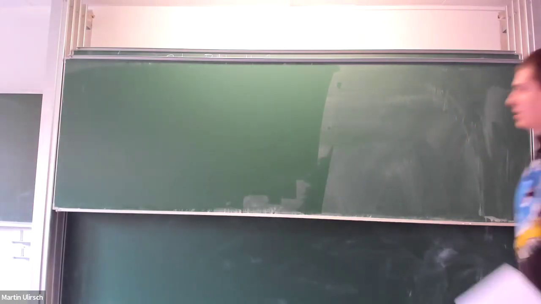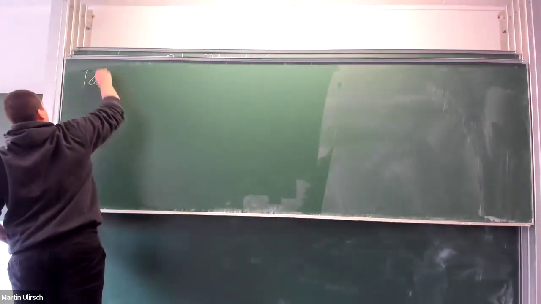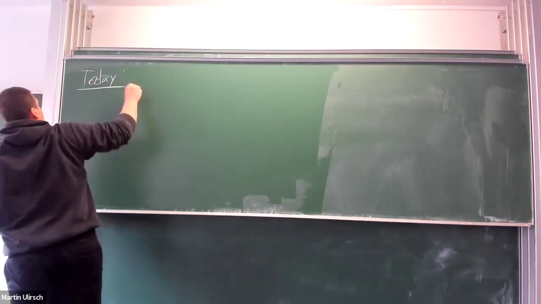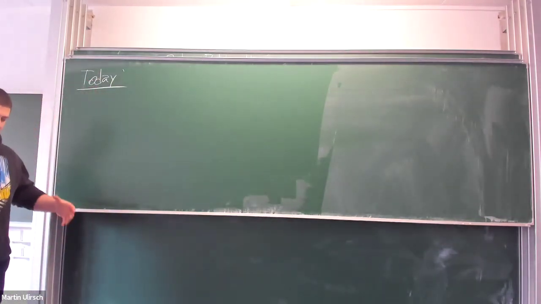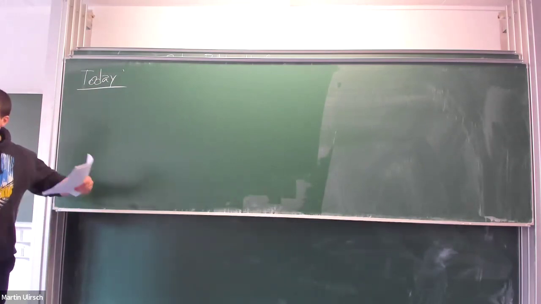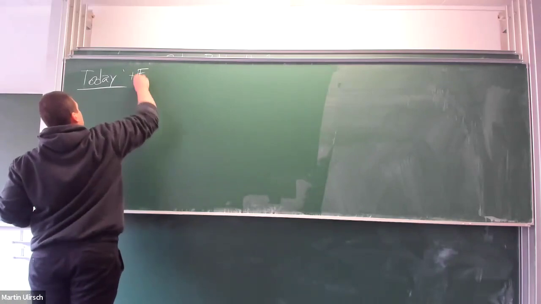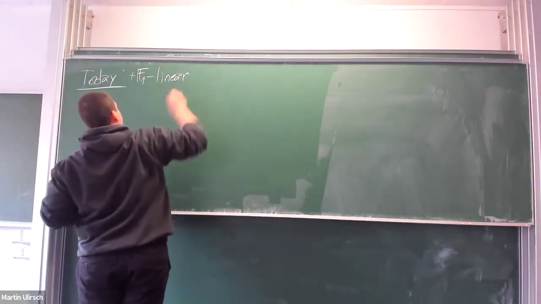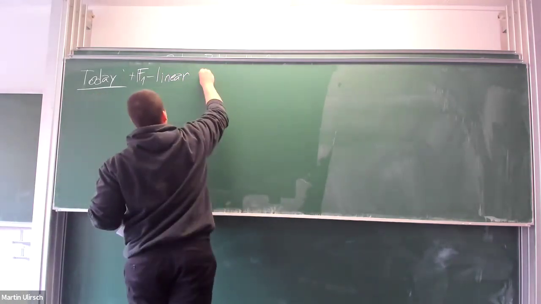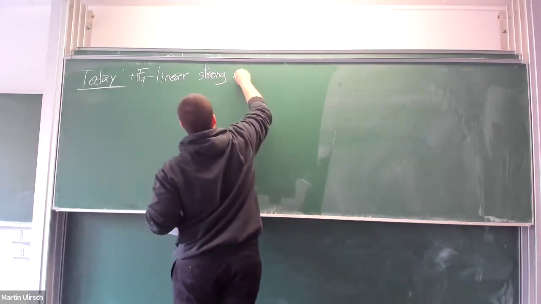So today I basically want to include these objects, these matroids with coefficients, in a nice category. So I need some morphisms, and these morphisms are based on F1-linear strong maps of matroids.